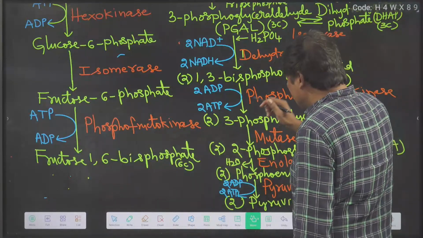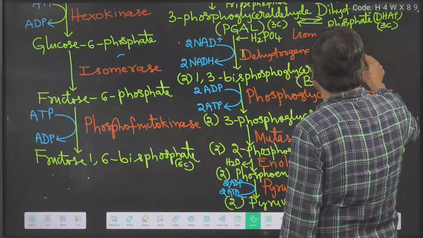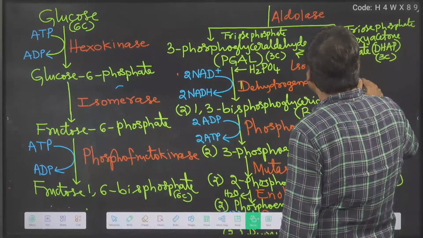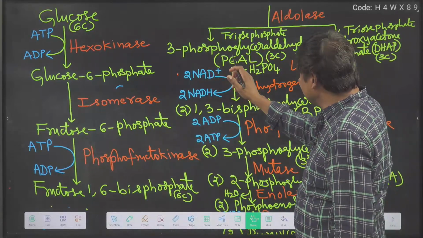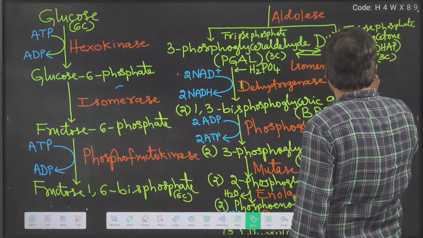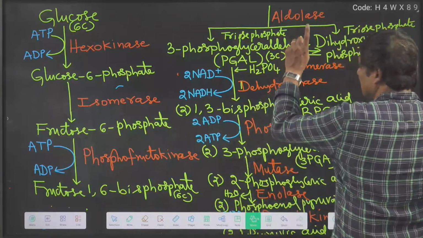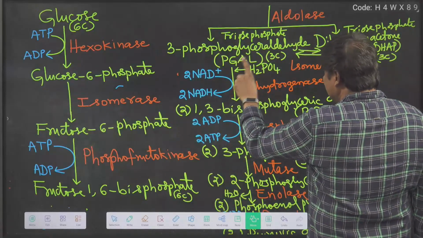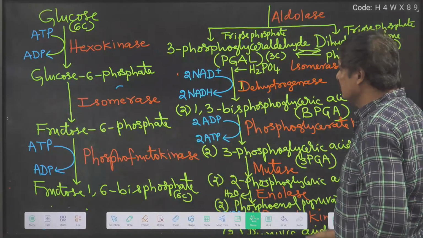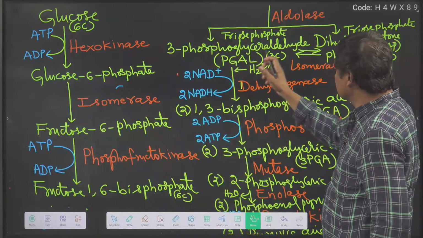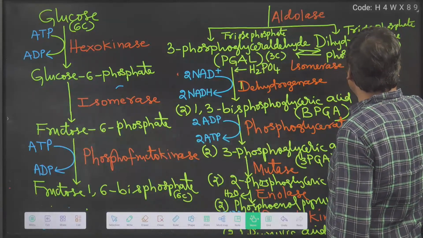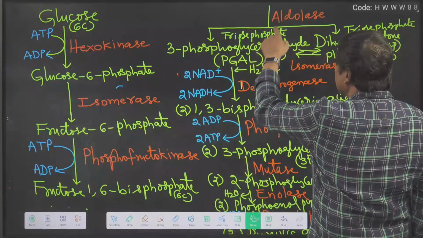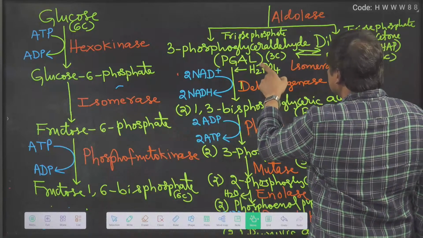Now, this fructose 1,6-bisphosphate splits into one molecule of PGAL and one molecule of DHAP. PGAL means phosphoglyceraldehyde, DHAP means dihydroxyacetone phosphate. These two are isomers. The splitting reaction is catalyzed by aldolase.